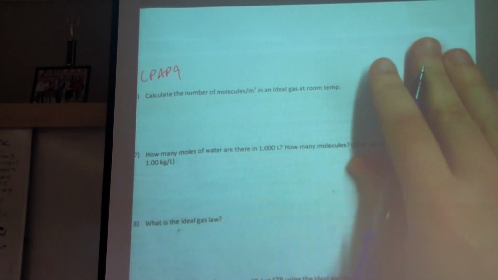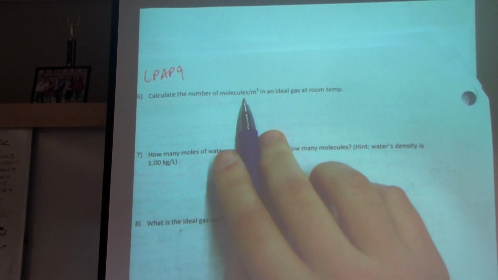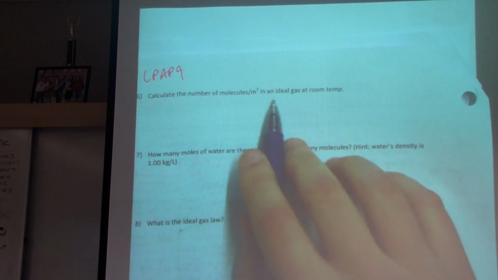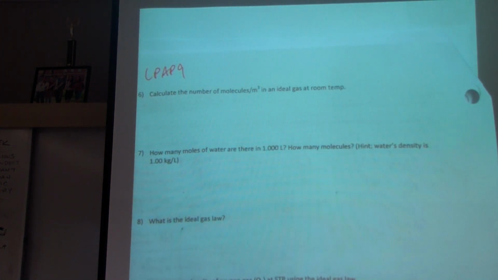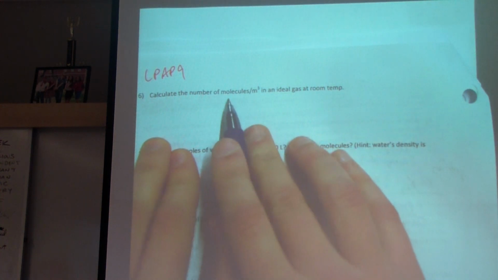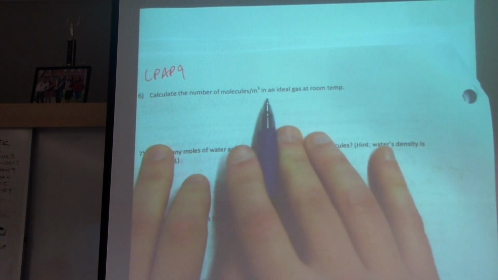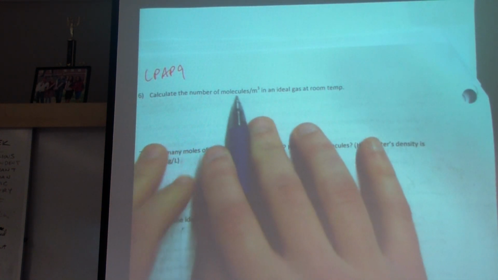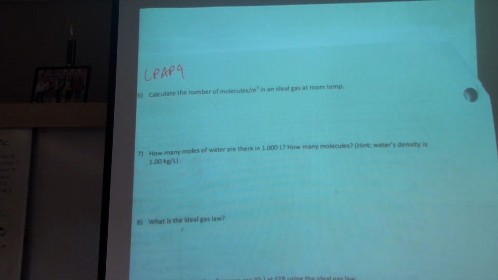It says, calculate the number of molecules per meter cubed in an ideal gas at room temperature. I'll give that to you in 1 second. Here's what I want you to figure out. First of all, what are the variables for this? Molecules per meter cubed. What symbol do we use for the number of molecules?